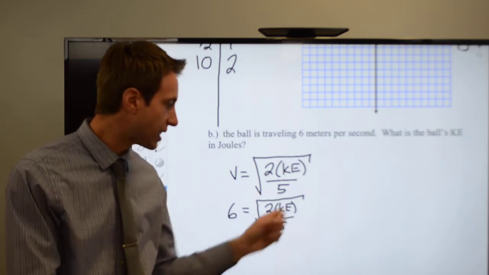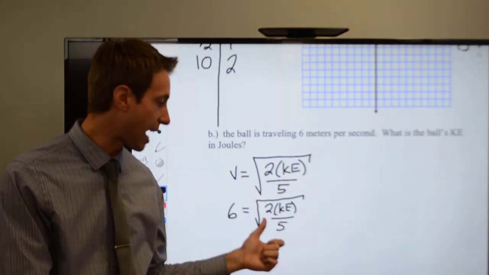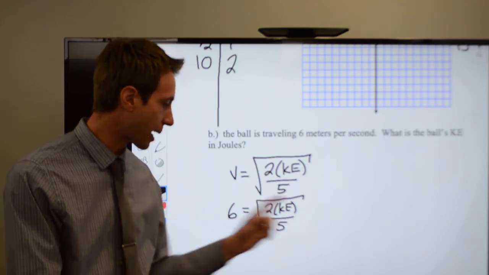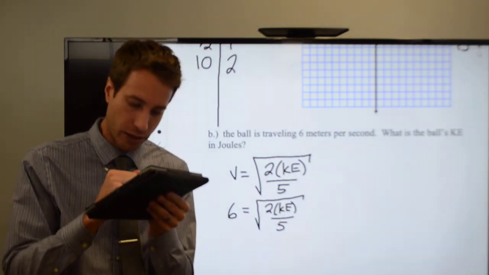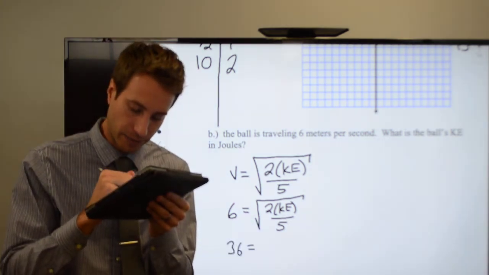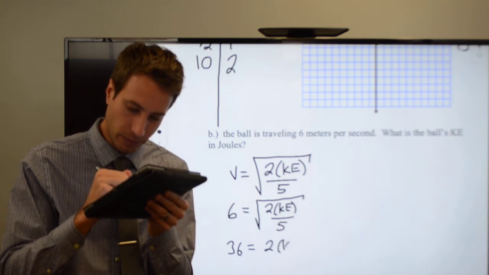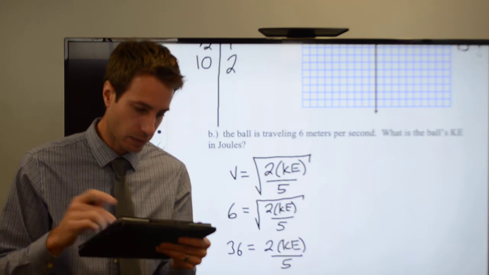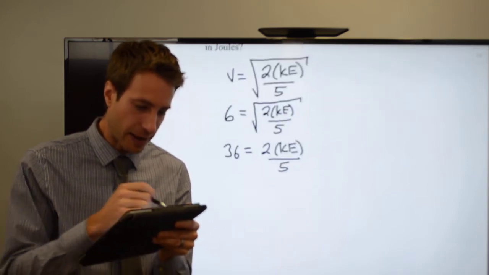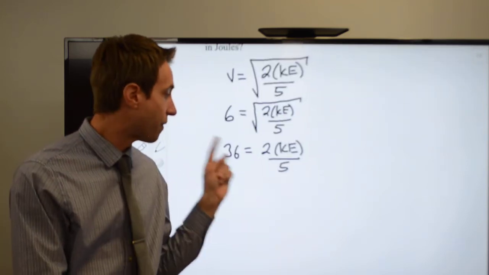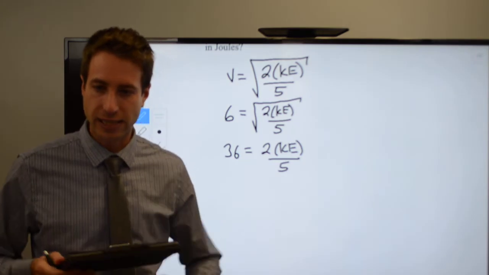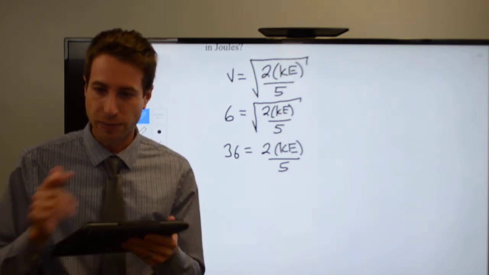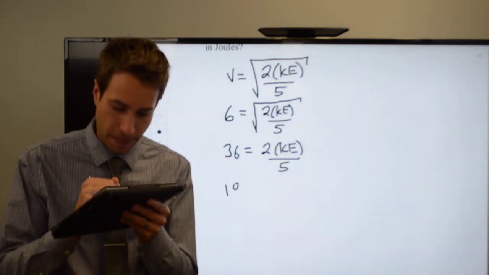First thing I'll need to do is square both sides to get rid of this square root. I got to square both sides, and 6 squared is 36. Okay, next thing I have to do is multiply the 5 to the other side, and 36 times 5 is going to be 180.